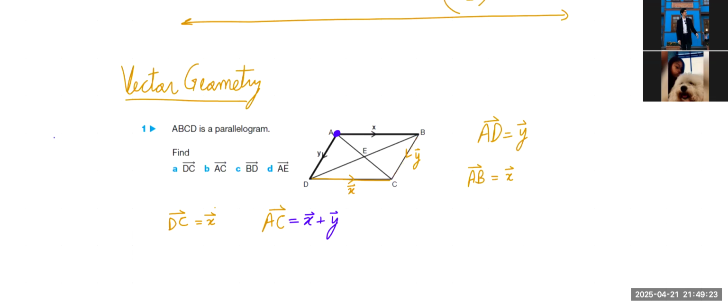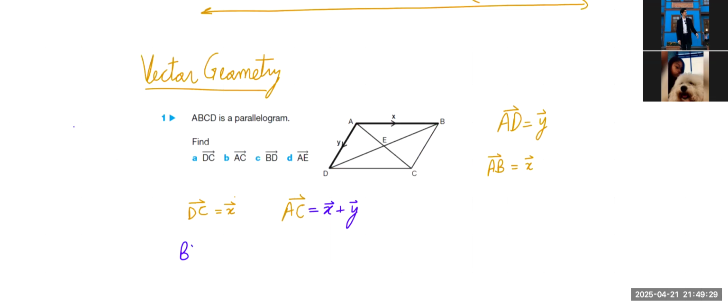Yep. Good. Now, similarly, if I want to find BD, now I have to start from here and somehow end up here, right? I know this is Y, I know this is X. What can I do? Which direction do you want to go in? You have to start at B and go to D somehow. You go B to A. Okay.